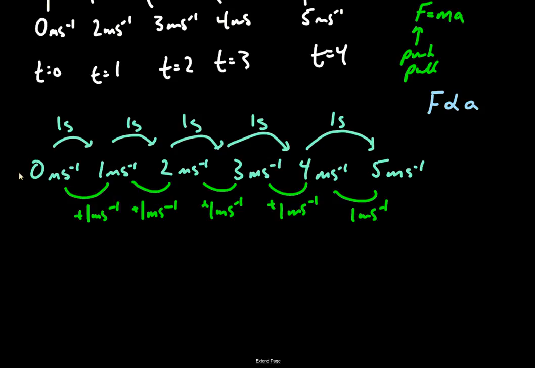So this is the level of my velocity here. Now this is the level of my acceleration. I get this by finding the change in this versus time, right? So this is found as delta v, change in v, over delta t, change in time.